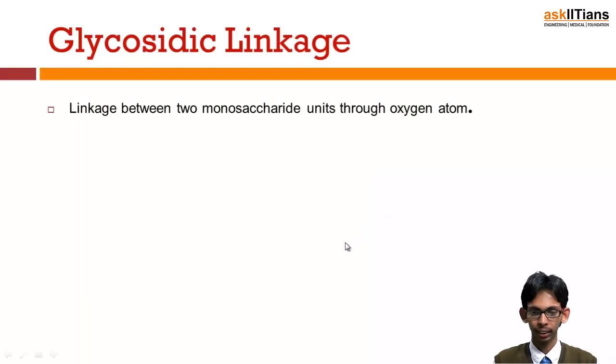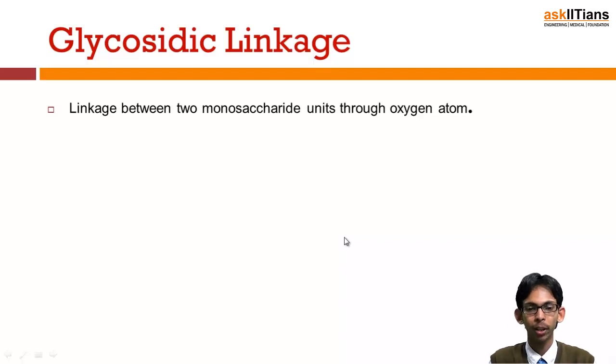Let's start. Glycosidic linkage. Linkage between two monosaccharide units through an oxygen atom is known as glycosidic linkage. Monosaccharide units join together through glycosidic linkage to form a chain of monosaccharides. They result in the formation of a disaccharide, trisaccharide or polysaccharide.